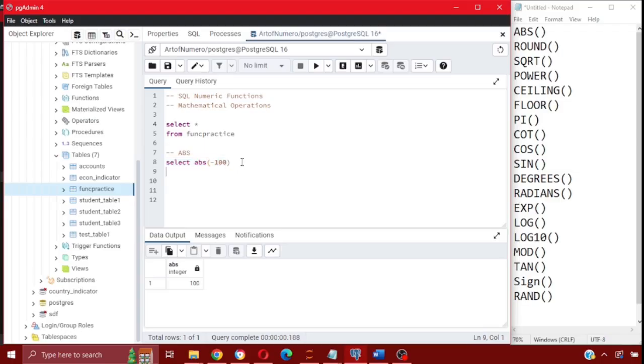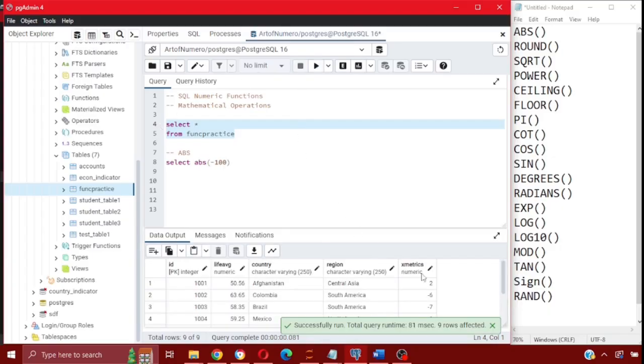You can also perform the absolute function on multiple values in a column, so you can get the absolute values for all these numbers here. Before I talk about the column, this data set, the function practice, is just a dummy data set with fabricated values plugged in.